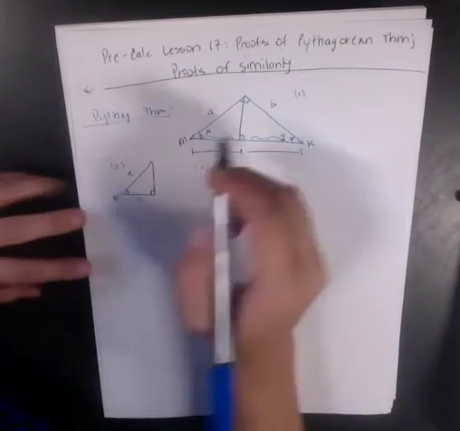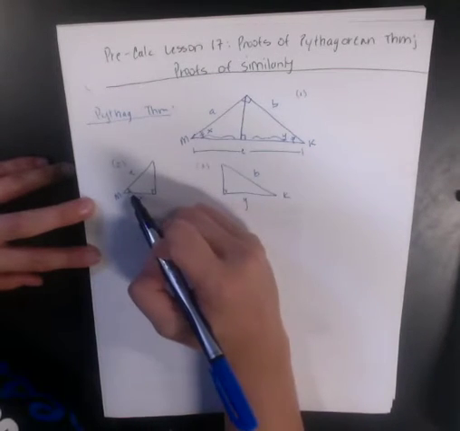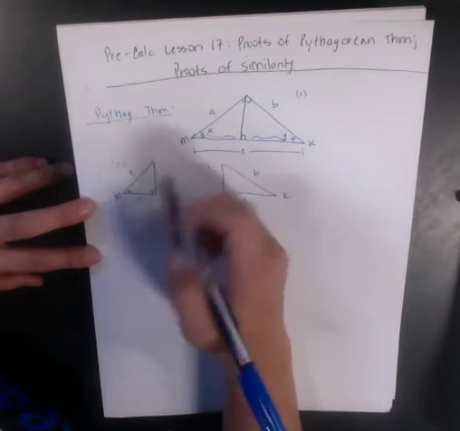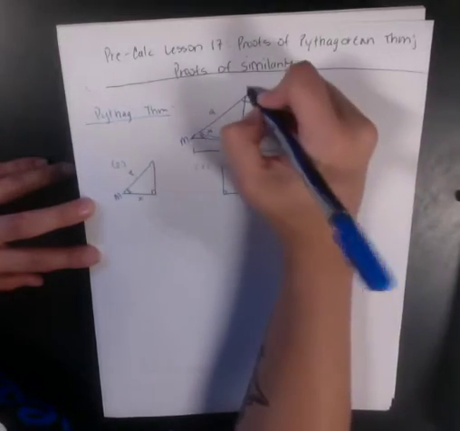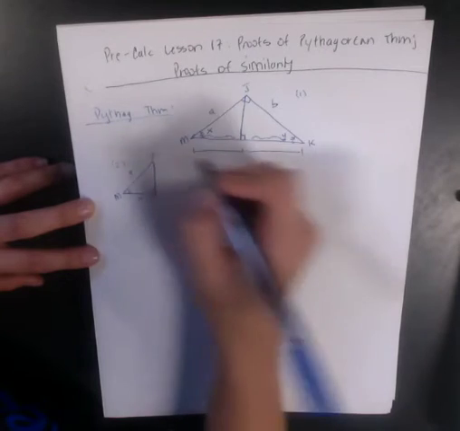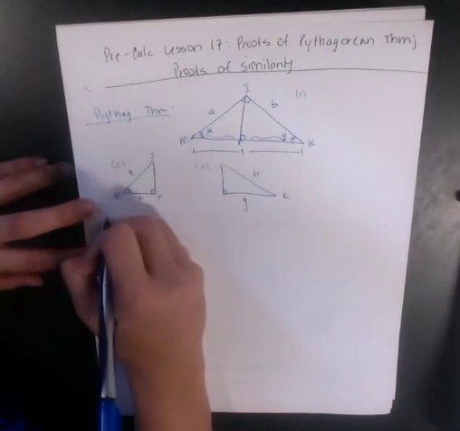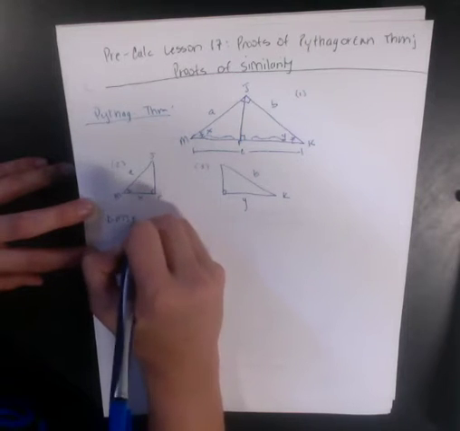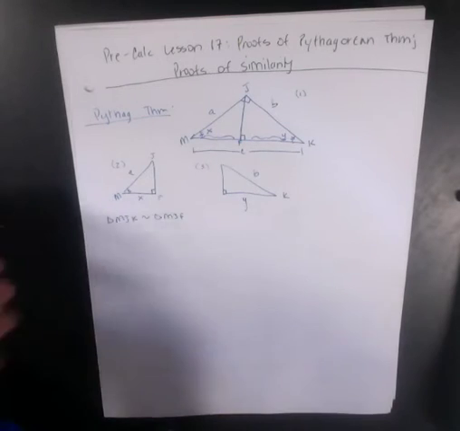Okay, now if I look at my big triangle here, I know that this left angle is similar with this angle here, right? Which proves to me that these are two similar triangles. I'm going to call this J. So I have a J here, let's call this F. So I know that triangle MJK is similar to triangle MJF.